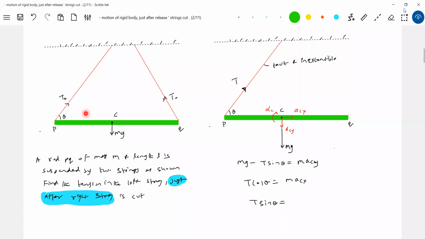This is L by 2. So how much torque here? T sine theta is the tension that will act perpendicular to the length PC. So T sine theta times L by 2 times CP is equal to moment of inertia I_C alpha c. What is CP? CP is equal to L by 2.